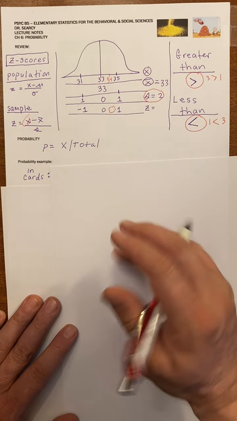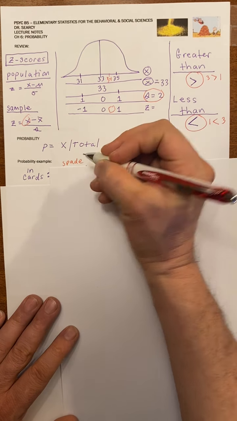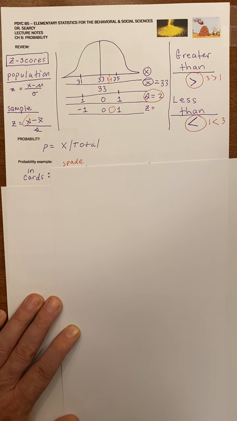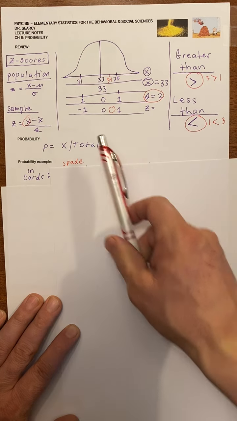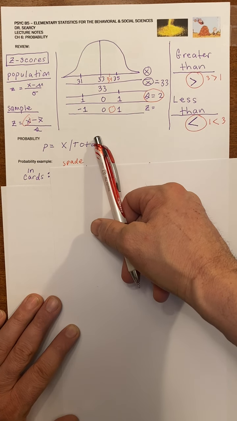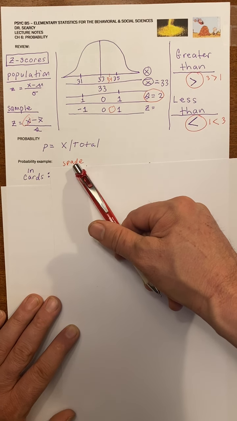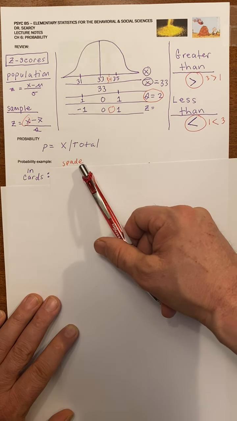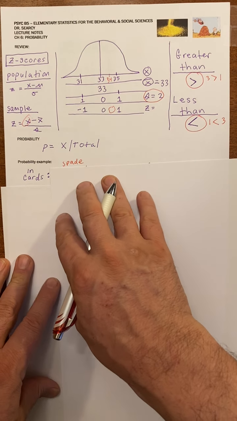So we're talking about a specific suit within the playing cards, and we're asking, of the total number of cards in the deck, what is the probability that we pull one card out that has the spade suit on it? Well, to answer that question, we need to have some relevant information.